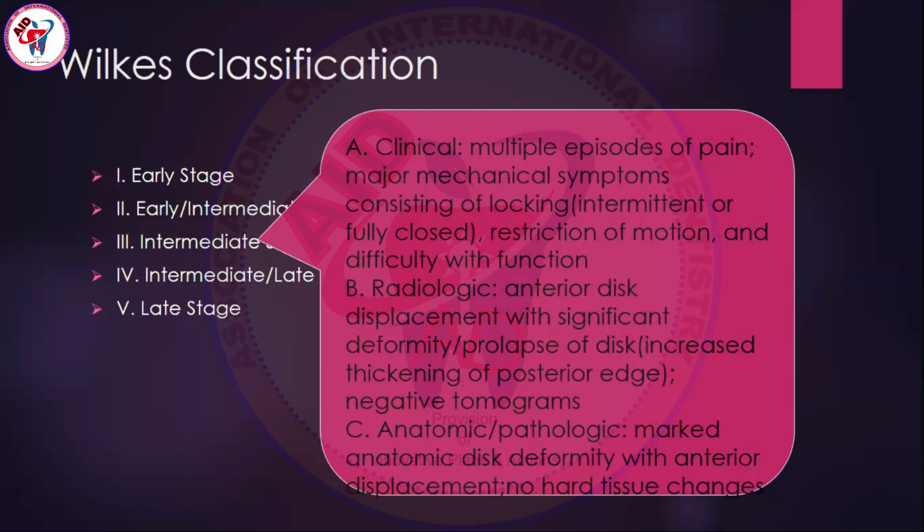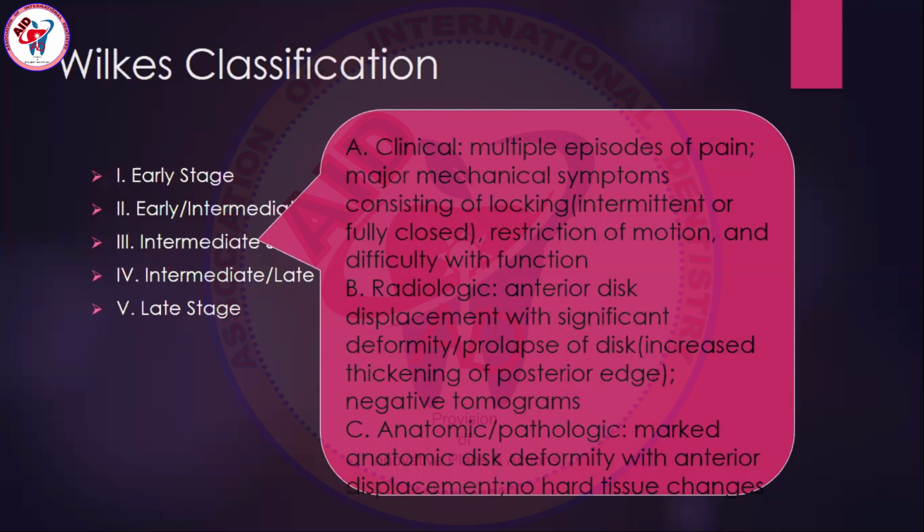Radiographically, there is anterior disc displacement with significant deformity, prolapse of the disc, and increased thickening of the posterior line, as we have described. The tomogram is negative; it shows no changes on the glenoid fossa. Anatomically and pathologically, there is marked disc deformity with anterior displacement and hard tissue changes.